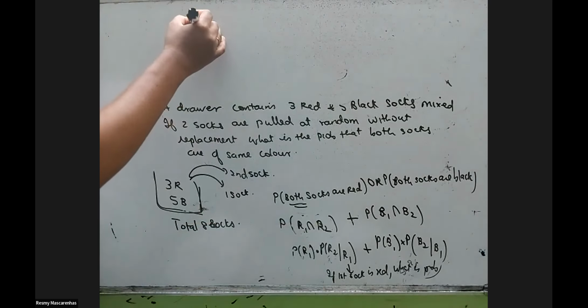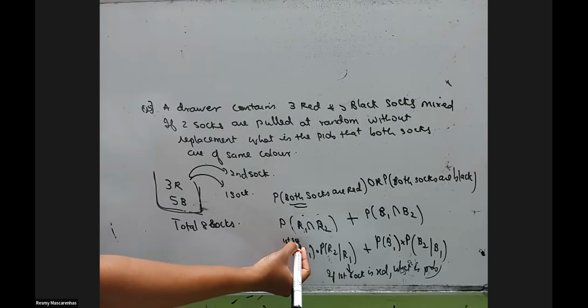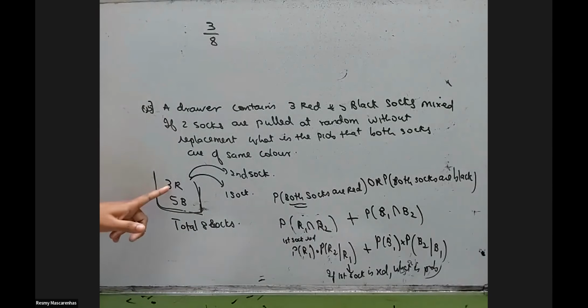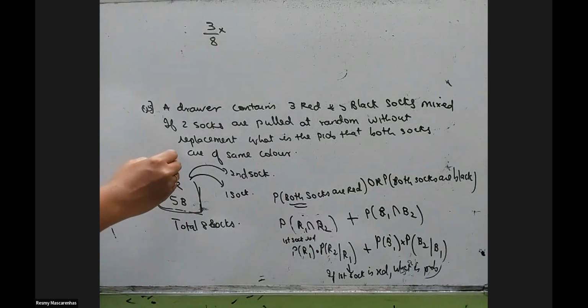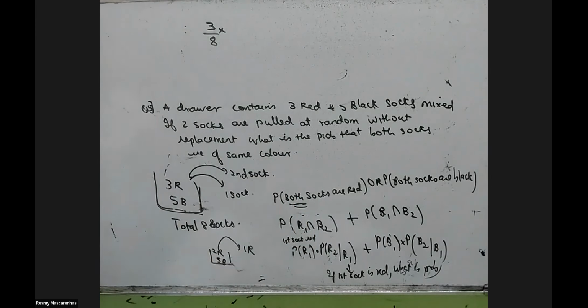So the probability of the first one being red is 3 out of 8. Into, now we assume that the first one is already red. Already one red sock came out, so how many will be left? 2 red and 5 black, so 2 out of 7, because you are not replacing that sock back.